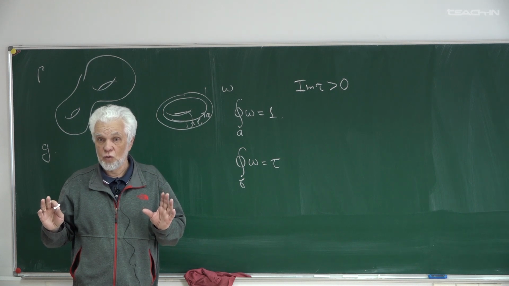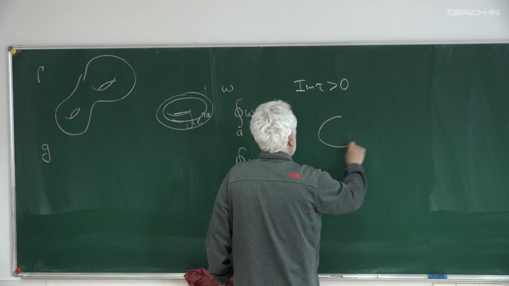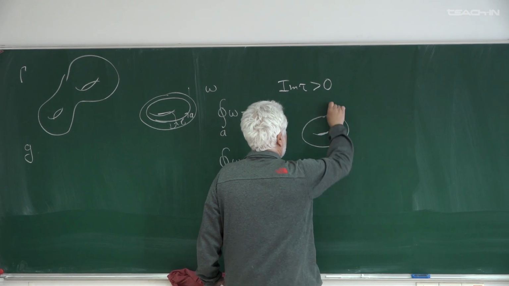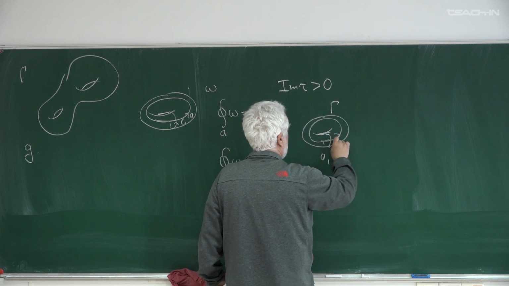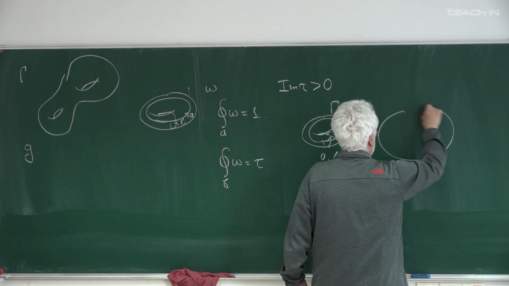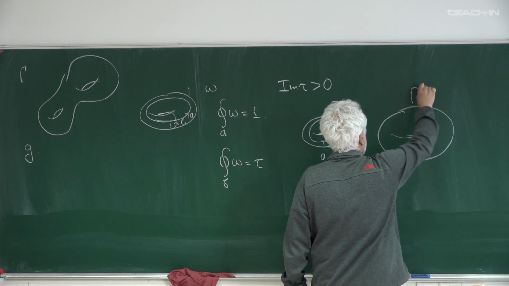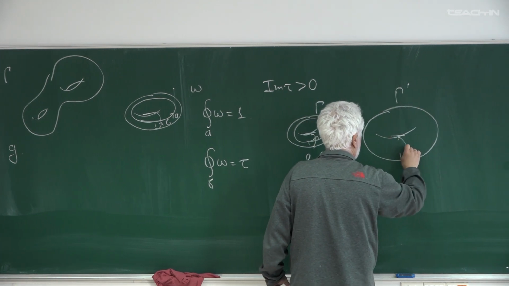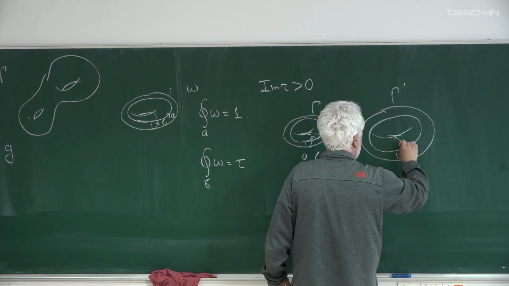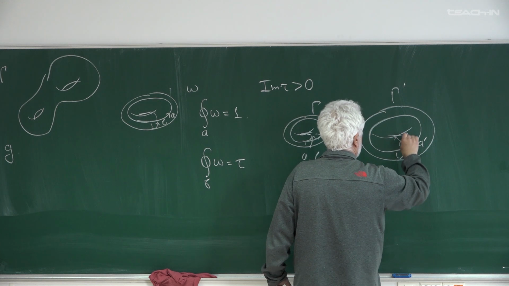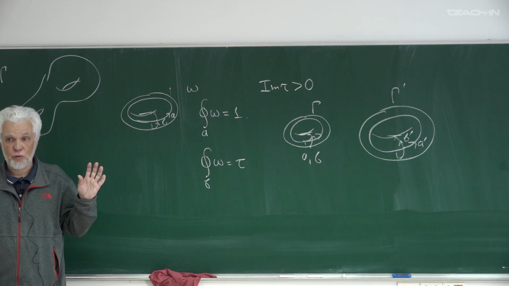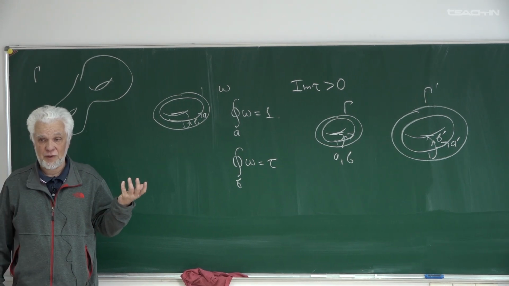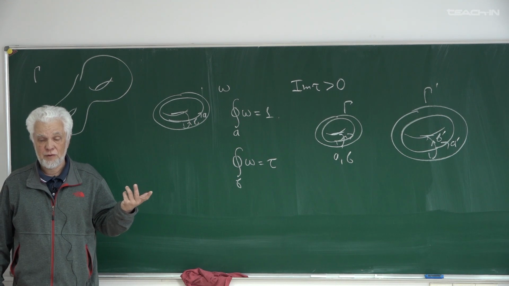Then we have two pairs: one torus gamma with fixed cycles A and B, and another torus with a fixed basis of cycles A prime, B prime.